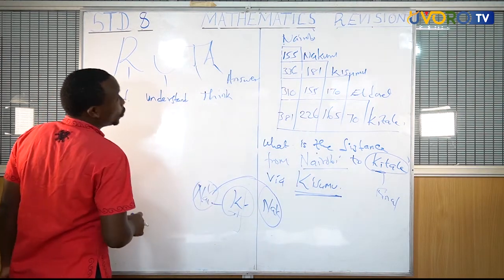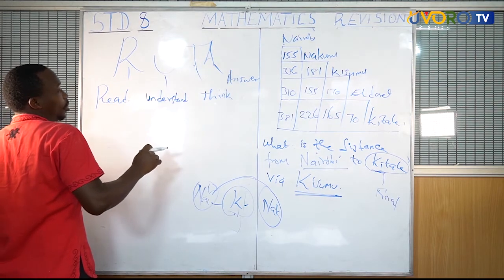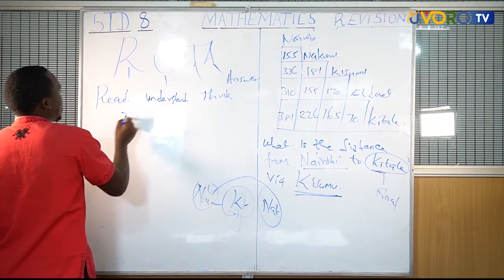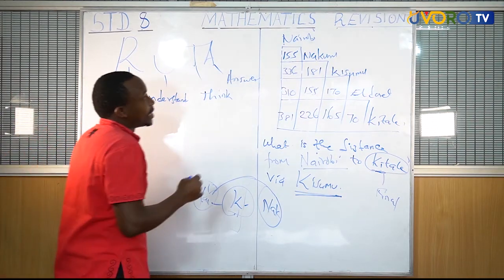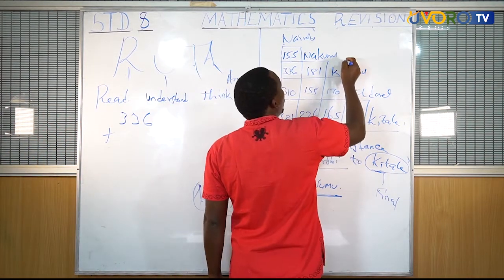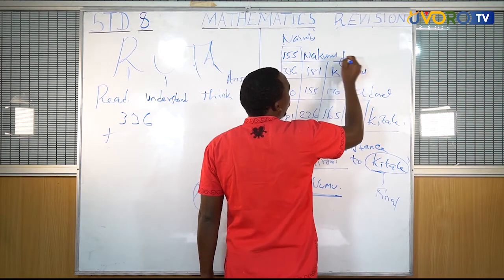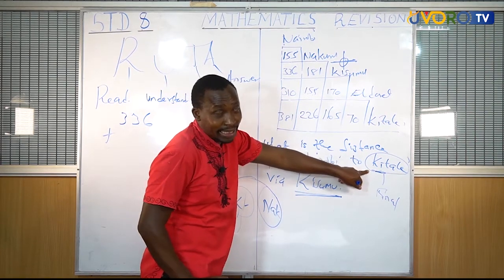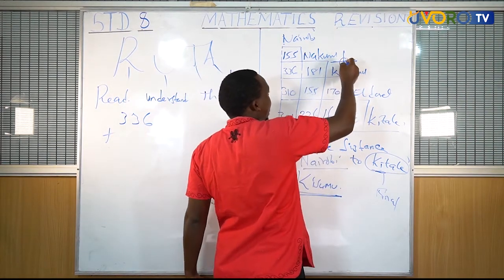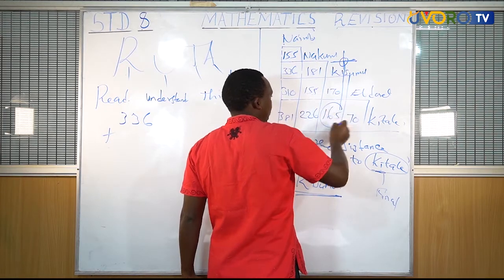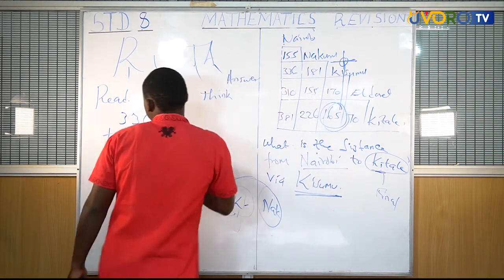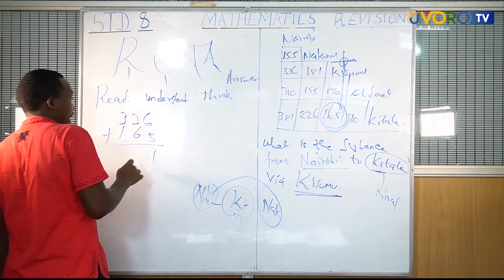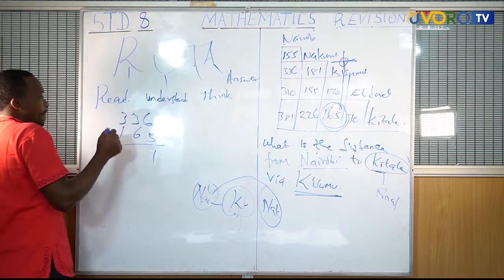So, Nairobi to Kisumu is 336, plus, now you are in Kisumu. You want now to go to the last destination, that is Kitale. Kisumu to Kitale, 165.